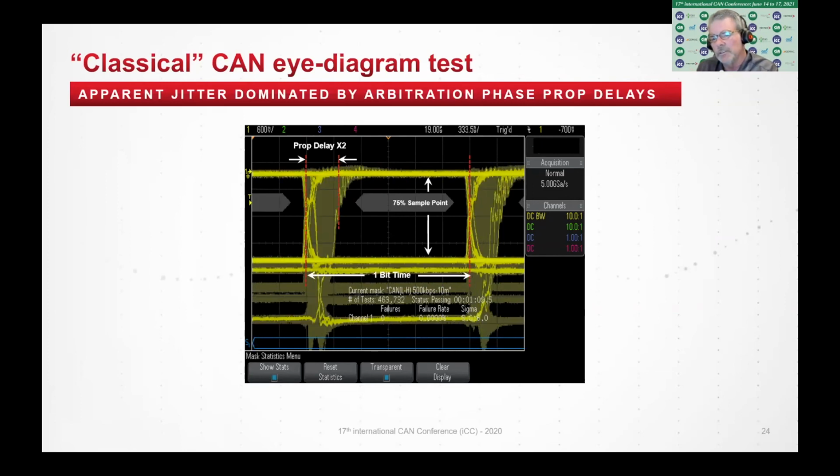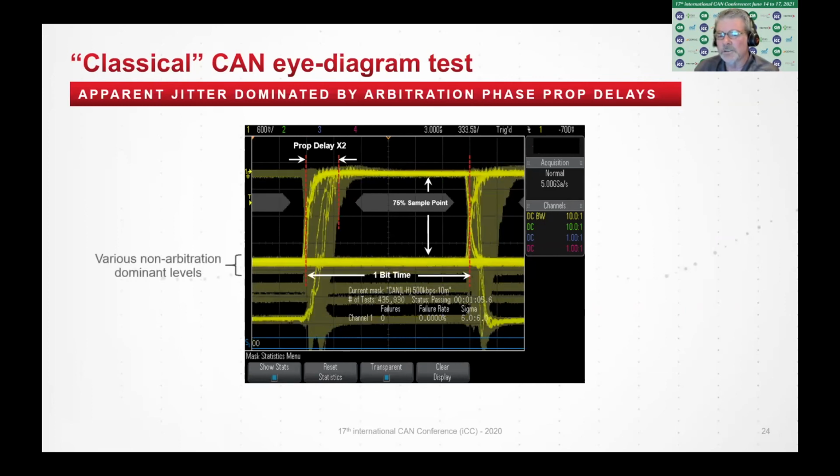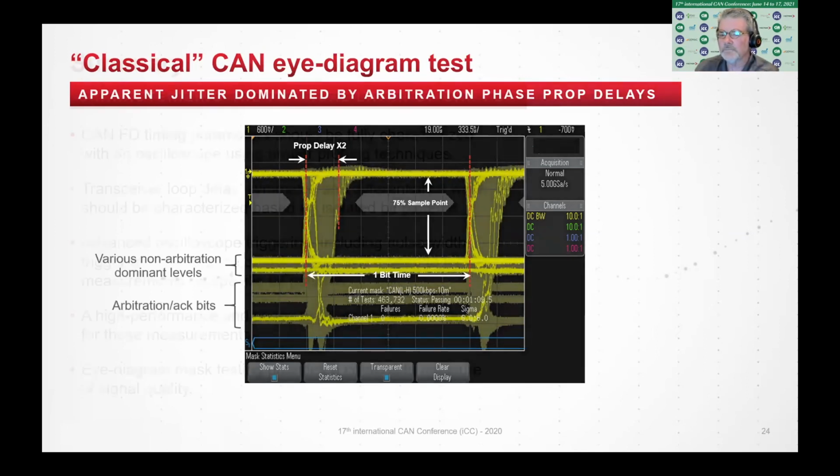And the sample point for classical CAN is typically shifted much further to the right. It also shows variations in various dominant bit levels being generated from different nodes. And it also shows you the arbitration phase bits and acknowledgement bits. So here we can see all of these together.